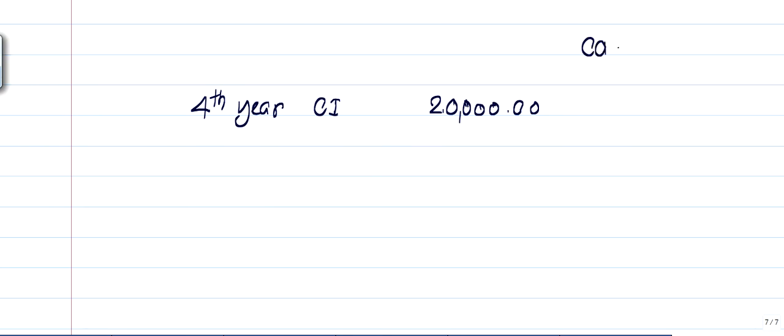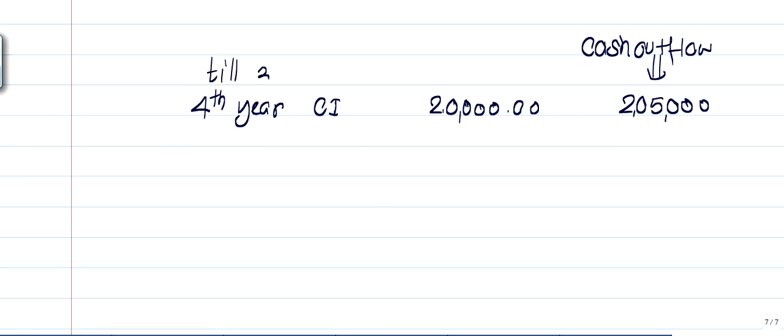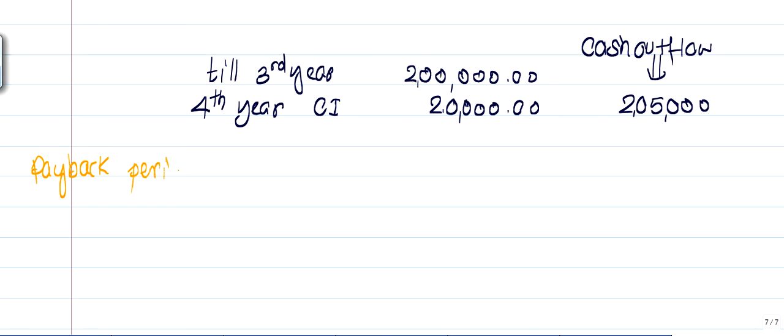Your cash outflow is 2 lakh 5,000. Till the third year you recovered cumulatively 2 lakh, so you have to recover at least 5,000 in order to calculate the payback period. How much do you have to recover? 5,000.